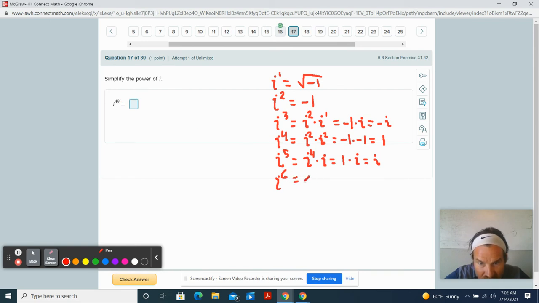You might have seen it already. i to the sixth is i to the fifth times i. i to the fifth from the step above is i. So this is i times i. i times i is i squared. i squared is -1.